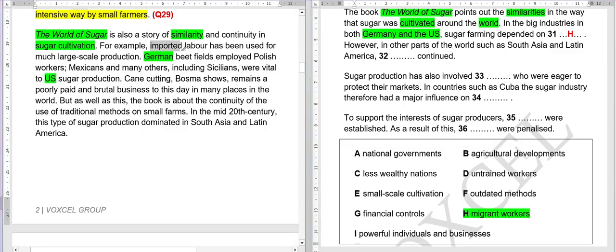Imported labor has been used for large scale production, so it depended on imported labor, because if Germany didn't employ Polish workers and the US didn't employ Mexican and other nationalities, their sugar production would not have been possible.